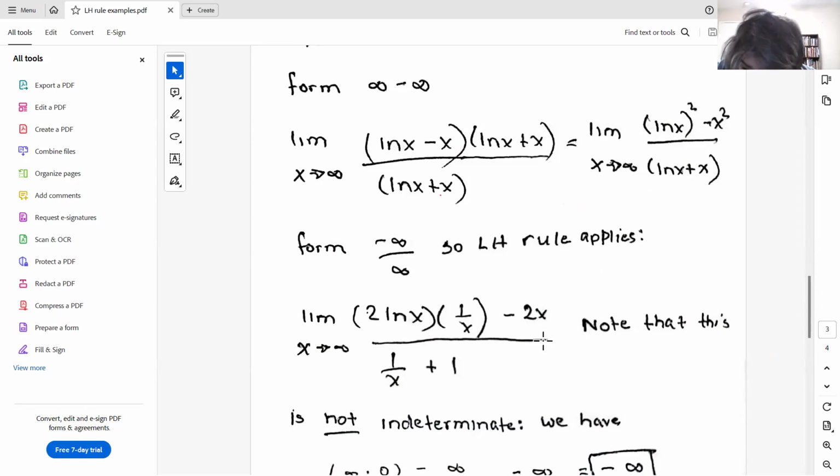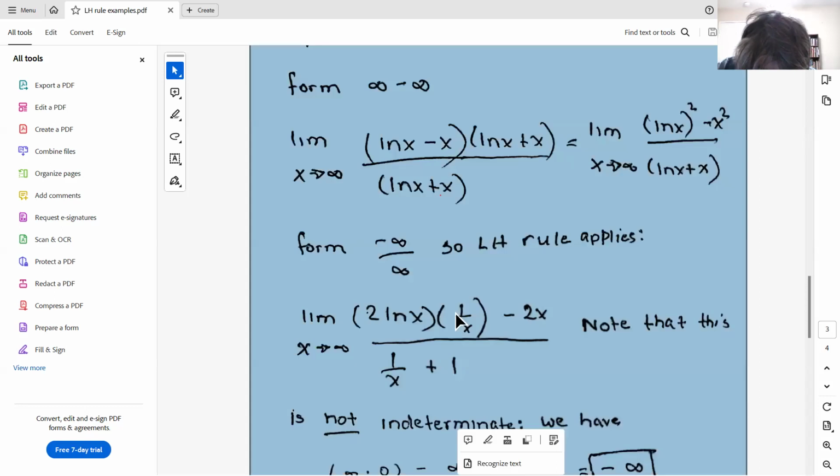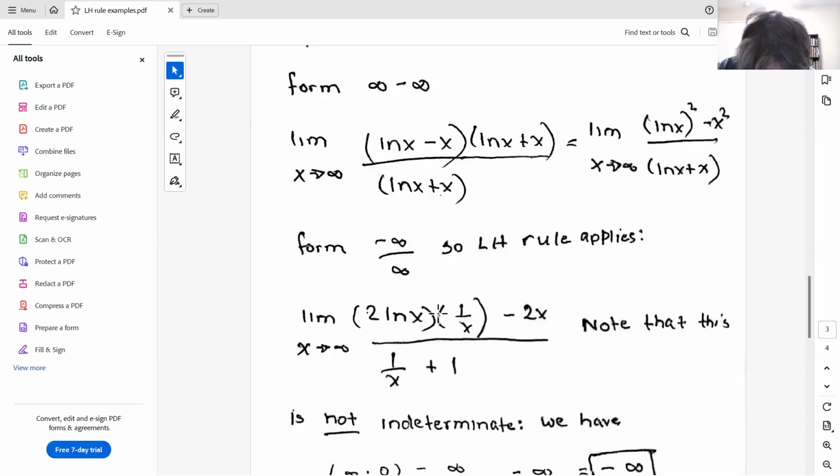Now, resist the urge at this point to blindly apply L'Hopital's again. Check your format. So if you were to think about x approaching infinity, 2 log x is going to approach infinity. This term, 1 over x, is going to approach 0.